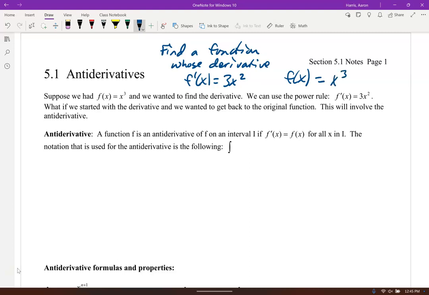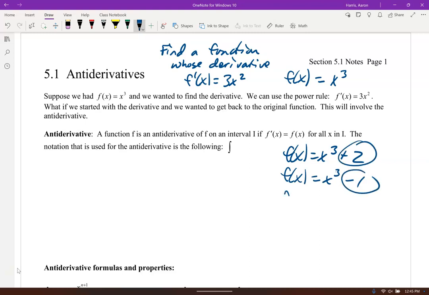X cubed would work, right? Can you think of another function whose derivative is 3x squared? Anything where it has a constant at the end. Good. So x cubed plus 2, that derivative is also 3x squared. You could also have x cubed minus 1, whatever it may be, anything with a constant, its derivative would be 3x squared.